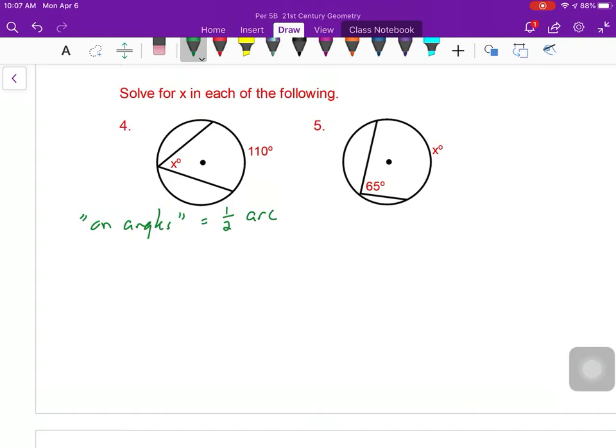And these were sometimes called on angles. They are equal to half of their arc. So the x will be equal to half of 110. So x would be equal to 55.